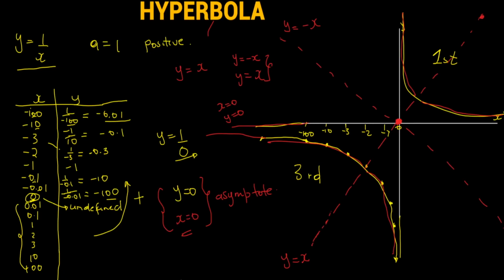We also spoke about the range. So what is the range? We know that the range is where the graph is defined on the y-axis. So you can see that the yellow graph here is defined throughout all the numbers, but y cannot be equal to 0.